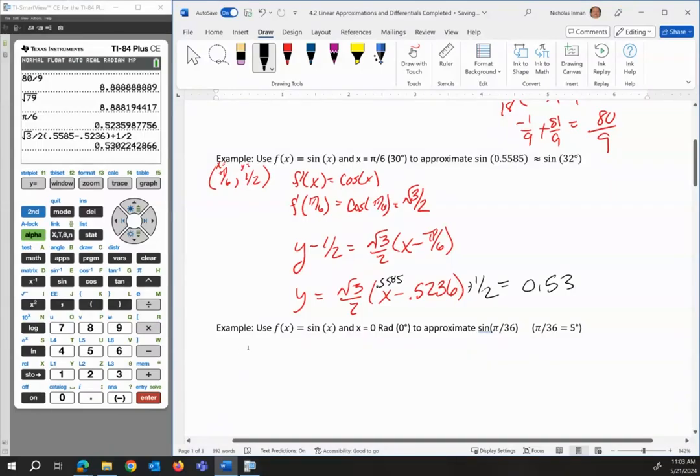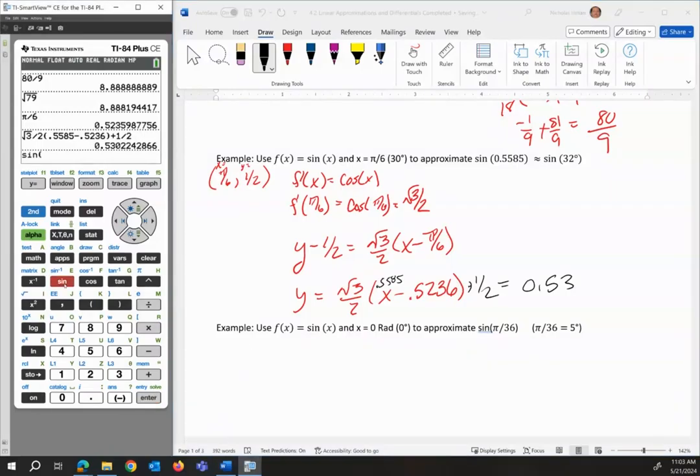Okay, and if we actually do sine of, I'm in radians, 0.5585, we get 0.5299, which very easily rounds to 0.53. All right, we're talking about being off in these two numbers by what, 3/10,000ths. Okay, so we are very accurate for this.